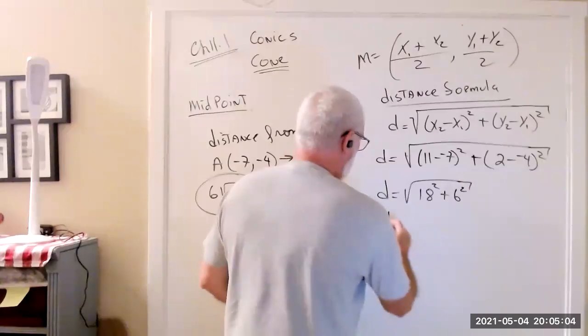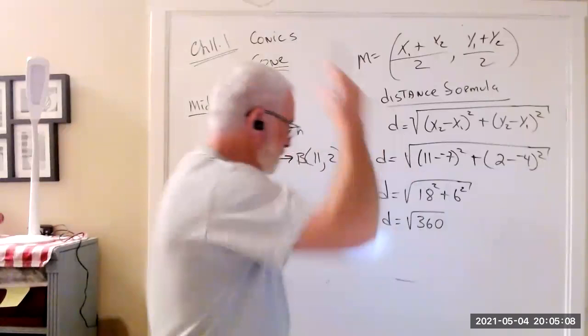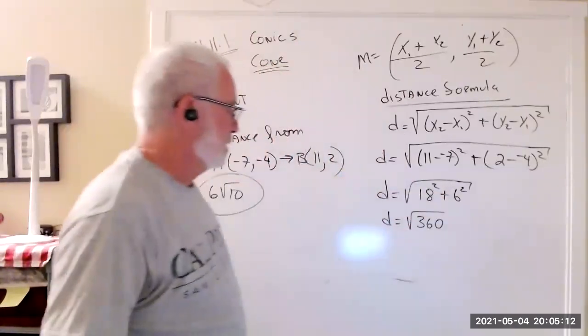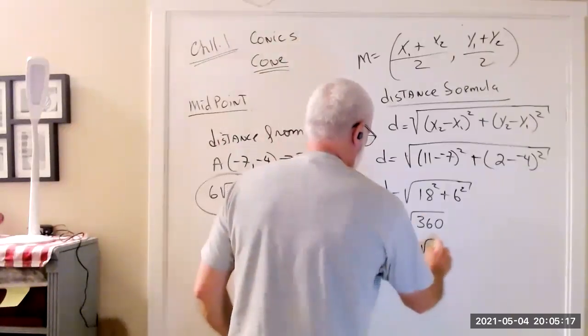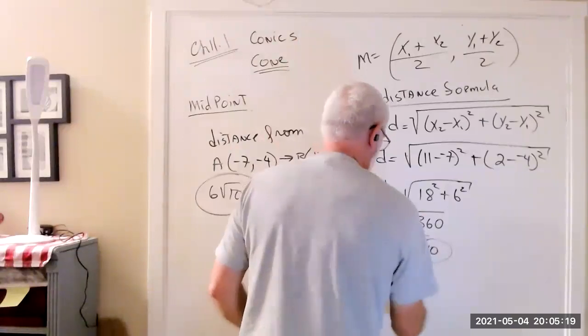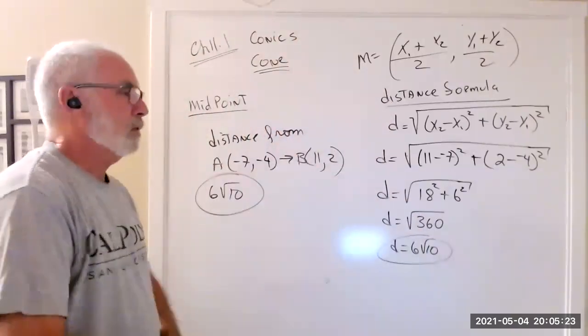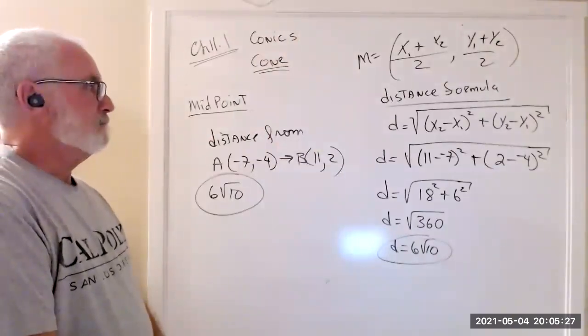Okay, so I got 360, the square root of 360. When you do 18 squared plus 6 squared, which becomes 6 radical 10. Whatever that is. Is that okay with everybody or not? Okay, yes.